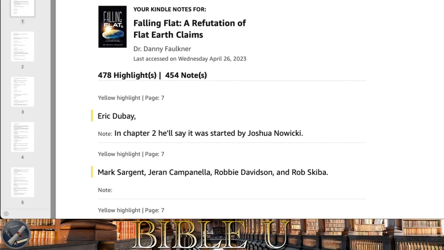And then later in that same paragraph, and some of these paragraphs tend to be, it seems, quite long, at least in the electronic version, he mentions some prominent names. Mark Sargent, Darren Campanella, Robbie Davidson, and Rob Skiba, who has since passed away. And then he says that the last two are notable because they promote a Christian version of flat Earth based on their understanding of cosmology of the Bible.